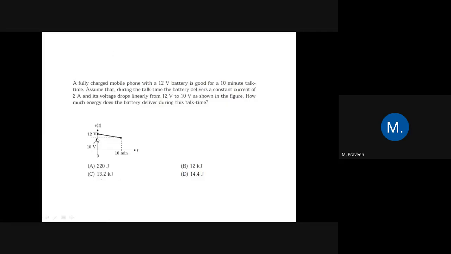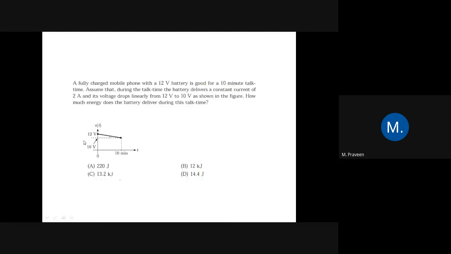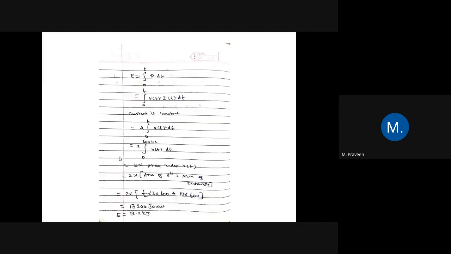Here it is 10 and here it is 12, so the difference of this value is going to be the height. 12 minus 10 is going to be 2. So 2 is the height and the base is 0 to 10 minutes, which means 600 seconds. So 1 by 2 into 2 into 600, plus the area of rectangle, which is length into breadth. Here it is 10, so 10 into 600 seconds.